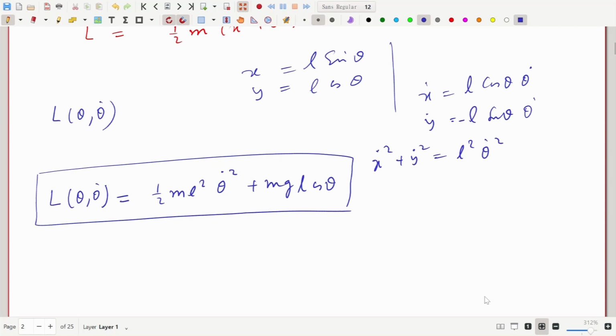So, you construct the kinetic energy in general without considering the constraint, write the potential energy, and then apply the constraint condition to reduce it to the number of generalized coordinates present. Okay. So, that way we find that this is the Lagrangian for a simple pendulum.